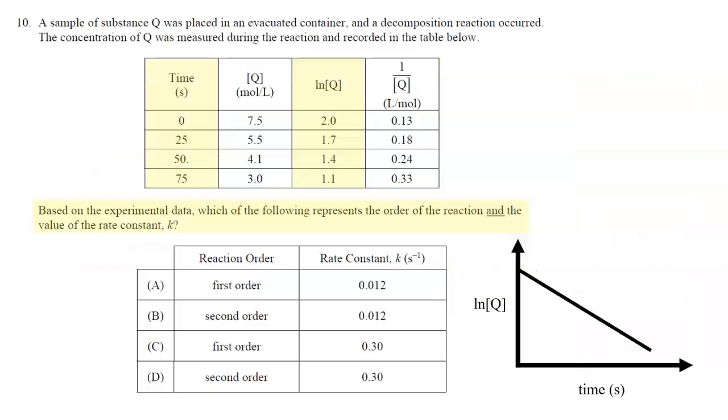Let's eliminate choices B and D because we know this is a first order rate law, so we can't have a second order rate law. It has to be either choice A or C. But what about the value of the rate constant? The value of the rate constant is either 0.012 or 0.30.